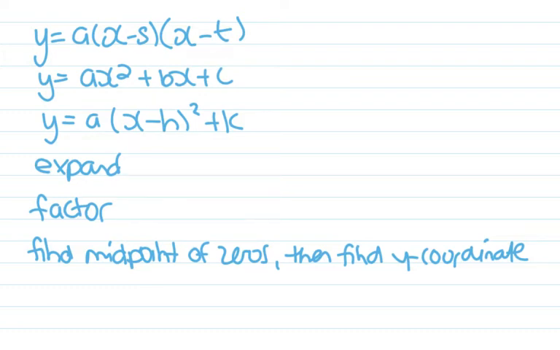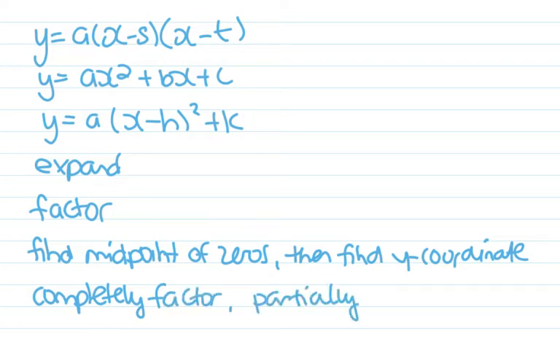And lastly, to go from standard to vertex, you can completely factor, or you can partially factor, which we're going to learn today, or you can complete the square, which we're going to learn next time.